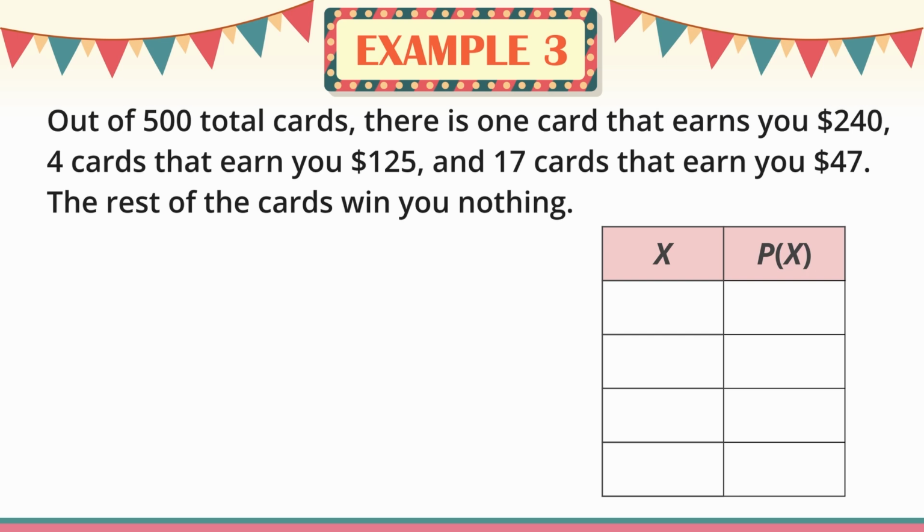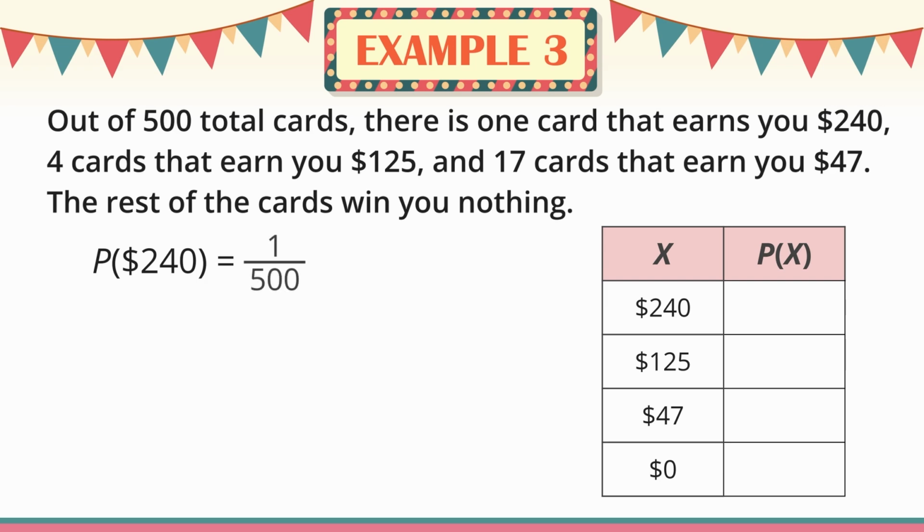Let's create a probability distribution. First, we'll list all of the possible outcomes: winning $240, $125, $47, or $0. What is the probability of winning $240? Out of all 500 cards, only one earns you this prize, so the probability is 1 over 500, which is 0.002. How about the probability of winning $125?